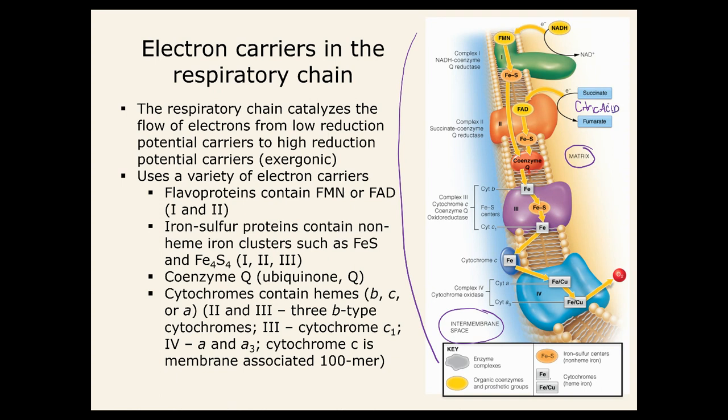That's succinate coenzyme Q reductase. Complex 3 is cytochrome C coenzyme Q oxidoreductase. Complex 4 is cytochrome oxidase. Do you need to know those names? No. But you do need to understand that they're called complexes.